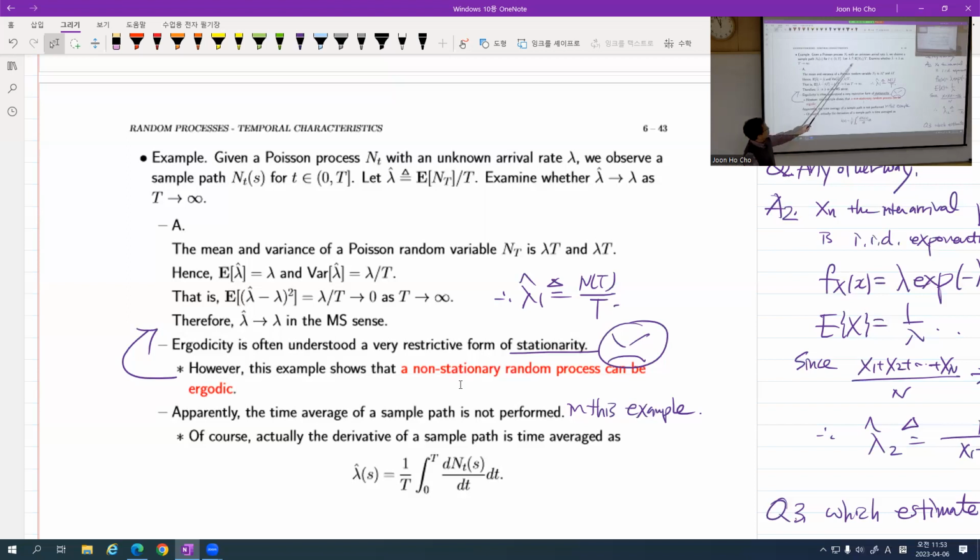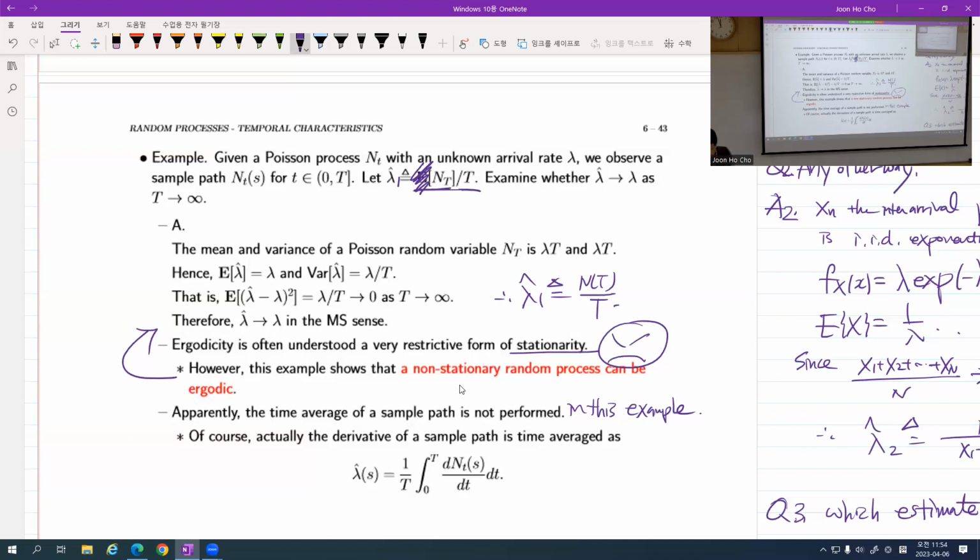And then you divide simply, and then you know that, let me say, let's define expectation of N of t divided by t. Let's say that is lambda.